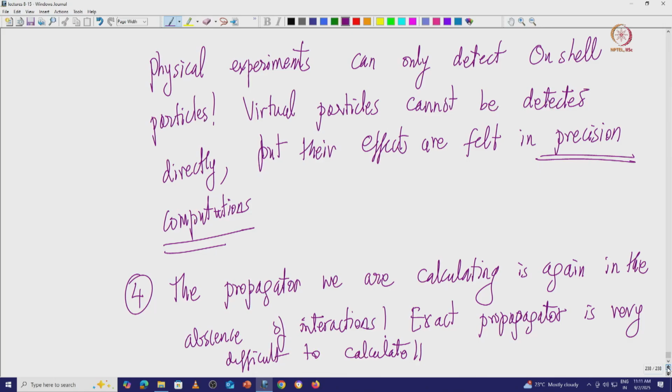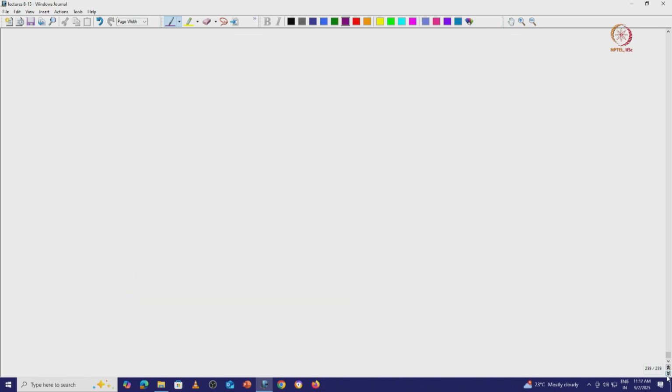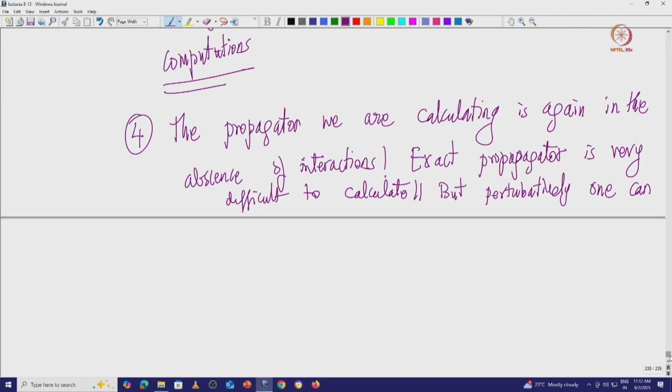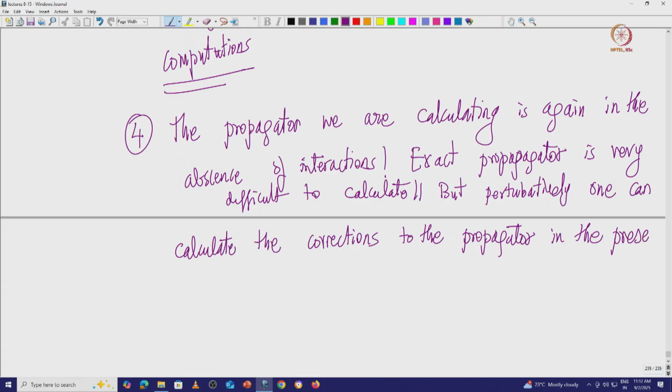But what we have seen in most of the examples is that we will know that these corrections are there, but perturbatively one can calculate the corrections to the propagator in the presence of interactions.